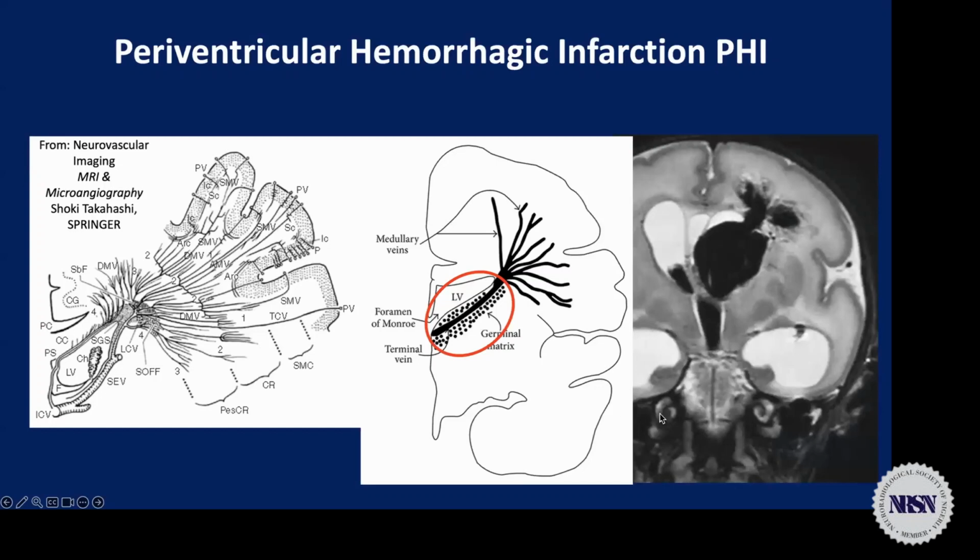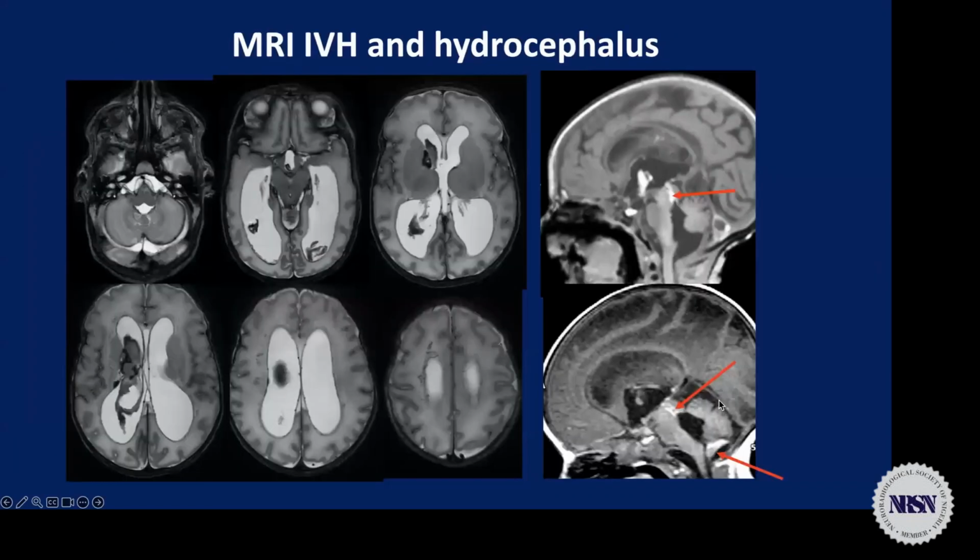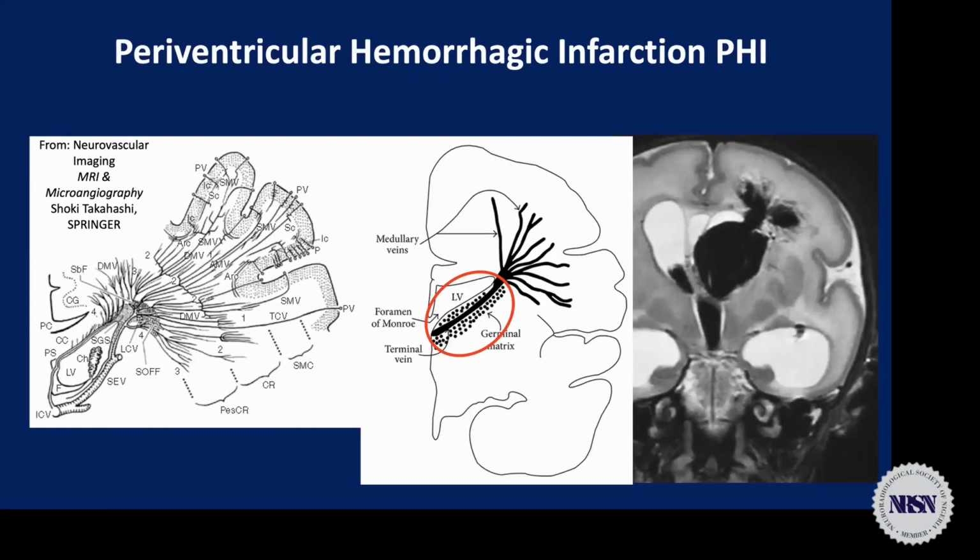But what is interesting on magnetic resonance study is the possibility to study, with high contrast and high spatial resolution, how the medullary veins are involved when there is a huge hemorrhage within the germinal matrix.